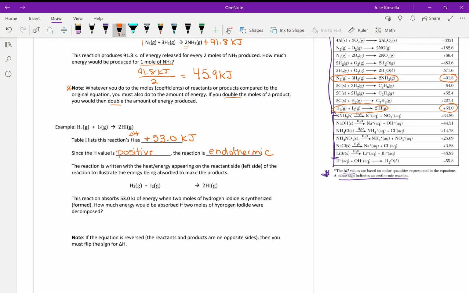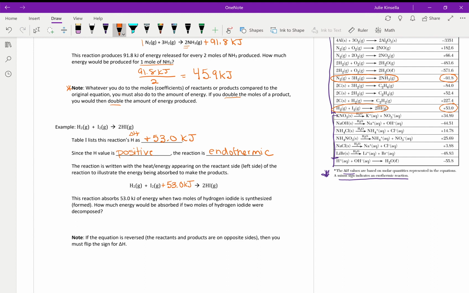So in this case, if we're going to fill in the energy, because it's an endothermic reaction, I have to show that the reactants are going to absorb energy in order to become the products. So I have to fill in my energy on the left-hand side, or on the reactant side, to represent that. Now this reaction absorbs that amount of energy when 2 moles of hydrogen iodide are synthesized or formed.